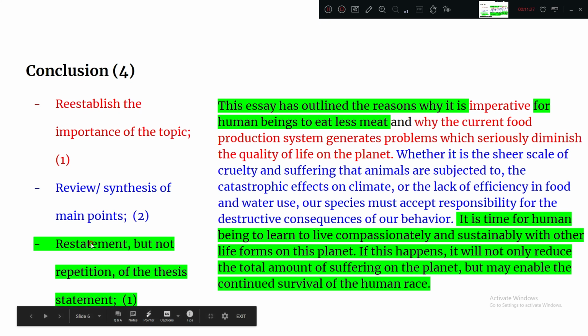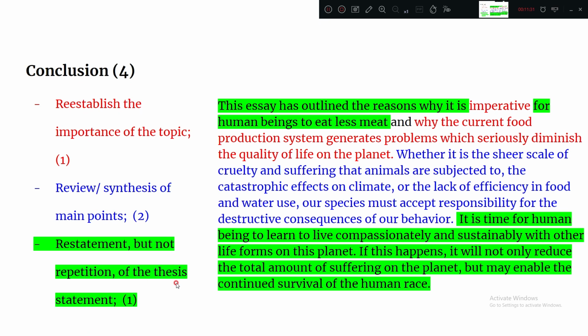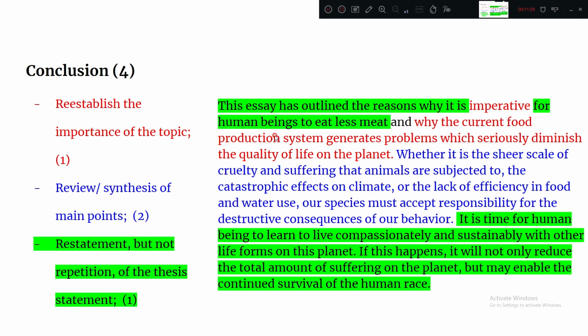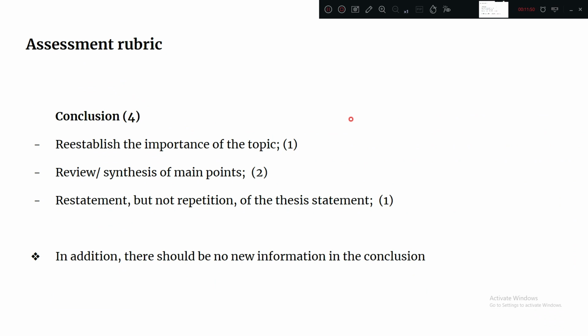And we restate, but do not repeat, the thesis statement. So I will talk a little bit about the synthesis of the main points later on, but just notice here that we're essentially paraphrasing the introduction, except for the background information, without the background information. And here is the assessment rubric for the conclusion.